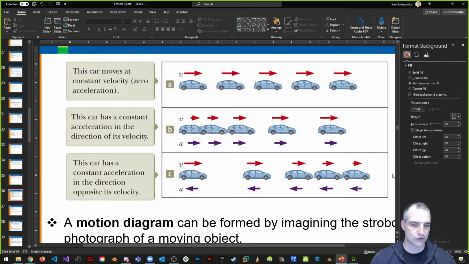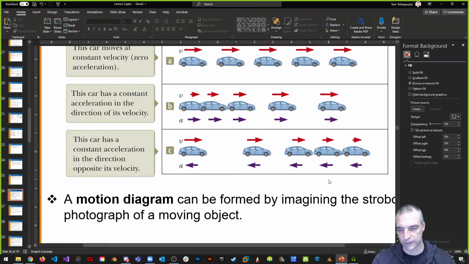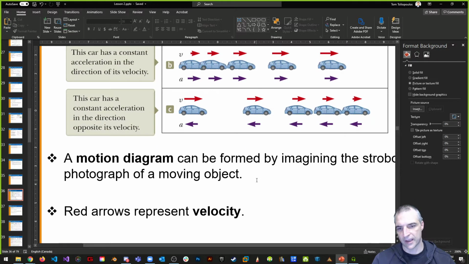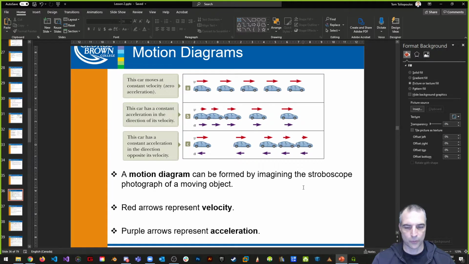When I reach zero velocity, chances are I'm going to have zero acceleration, unless I go back before the origin. Then I might have negative acceleration. So this is a motion diagram that can be formed by imagining a stroboscope or, in our case, frames. We're taking frame snapshots.